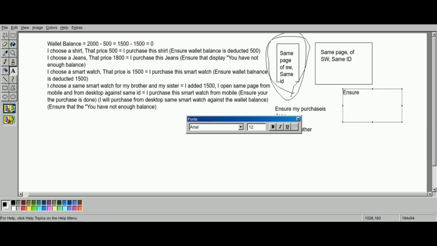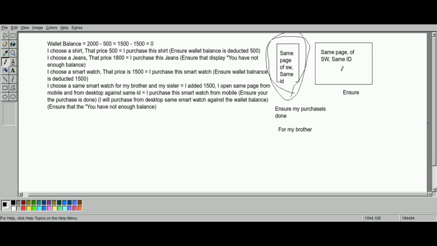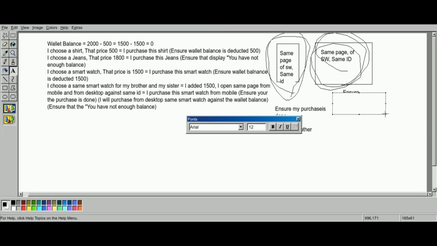When I buy from desktop, ensure my SW account has not enough balance. Understand?